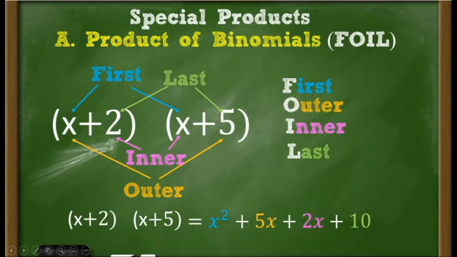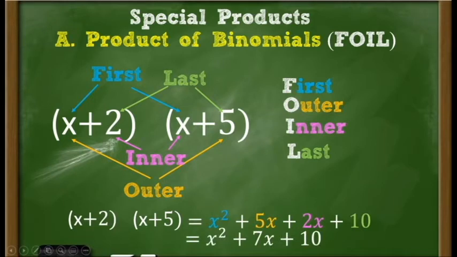So the final answer using the FOIL method is x squared plus 5x plus 2x plus 10. Now observe that at the center, you still have two terms having similar terms. You have there two terms with a variable x. So what you need to do here is add similar terms.